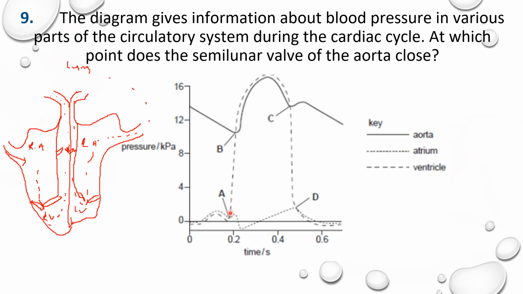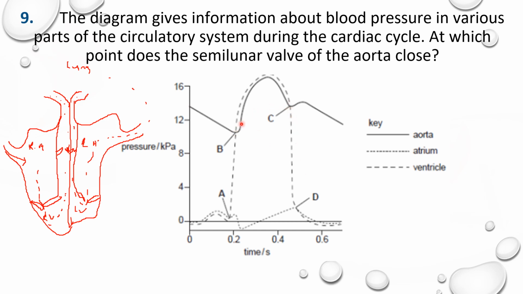Remember, the atrioventricular valve closes here so that blood does not flow back to the atria. Semilunar valves open so that blood goes into the aorta and into the pulmonary artery. By the time it starts relaxing, the pressure in the ventricle is lower than the pressure in the aorta here. So the semilunar valve opens here, but it closes here.